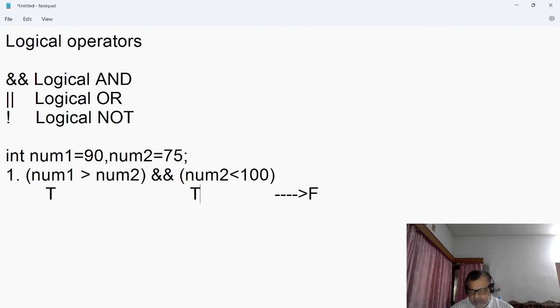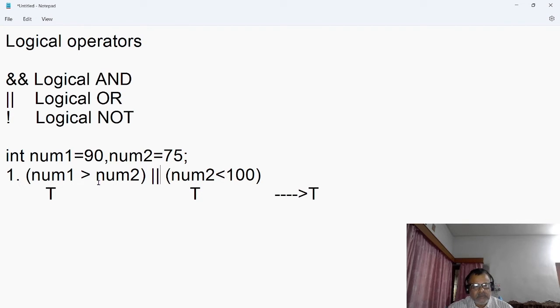If both the expressions are true, you will get true, no doubt in this. It means if we are using logical OR and both the expressions are true, you will get true.